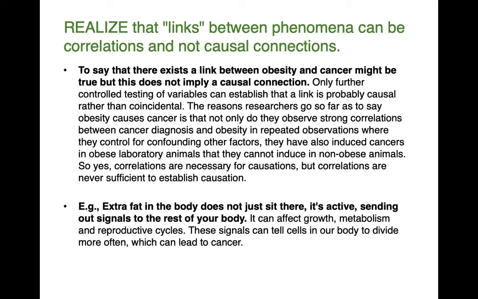Only further controlled testing of variables can establish that any link is probably causal rather than coincidental. I mean, we probably should default to assuming that associations, correlations, are coincidental, and then defeat that with some statistical analysis and then consider causal hypotheses. And not just one, but at least three.